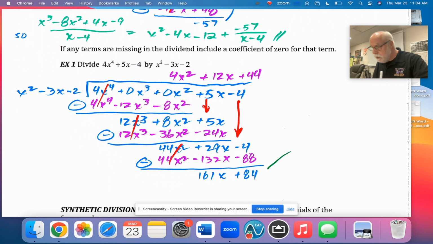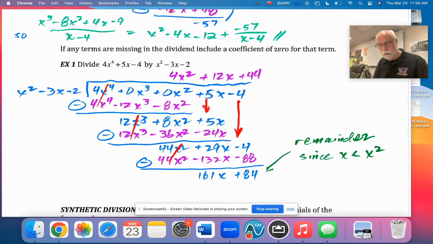I just said our remainder is 161x plus 84. Since our x is less than our x squared on our divisor, we can stop.